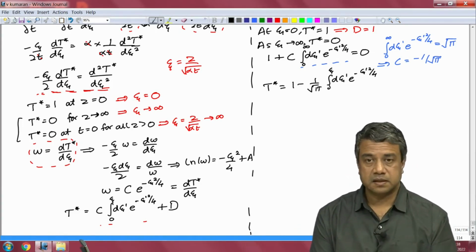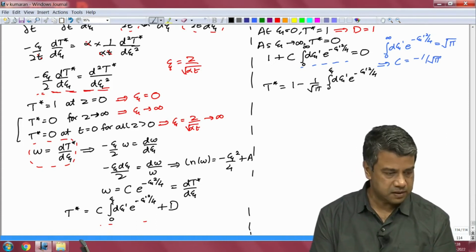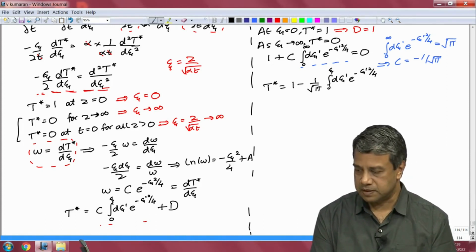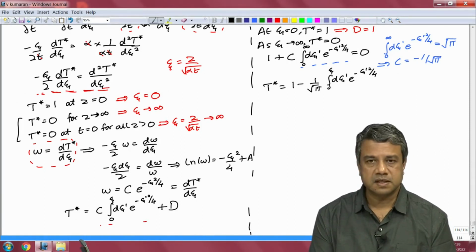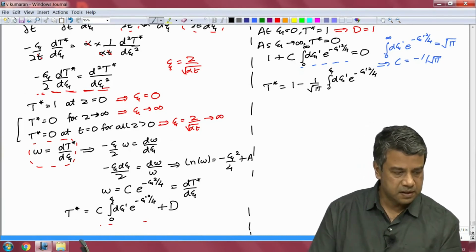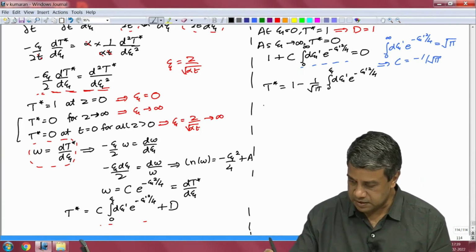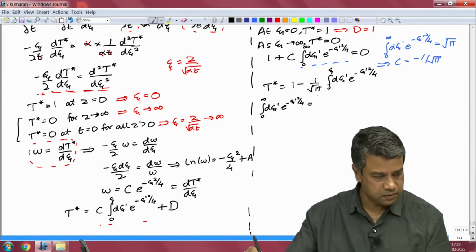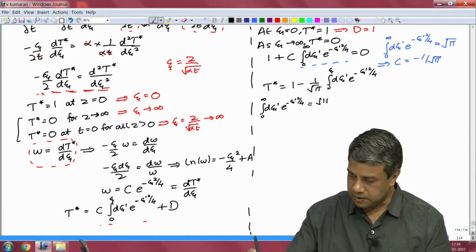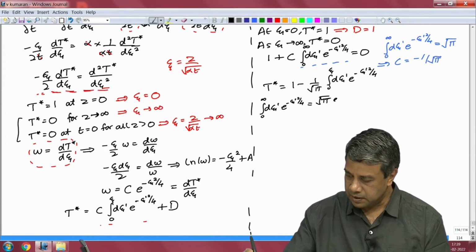Psi prime is the dummy variable of integration. This is usually expressed in terms of a special function called the error function. The error function is defined as integral 0 to psi d psi prime e power minus psi prime square by 4 is equal to root pi into error function of psi by 2.